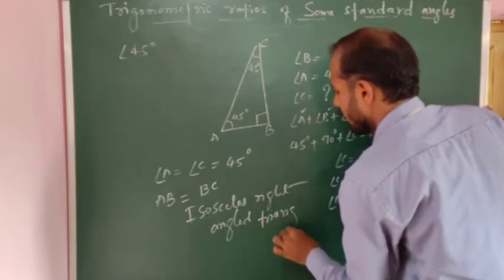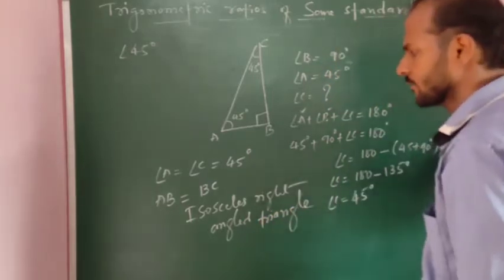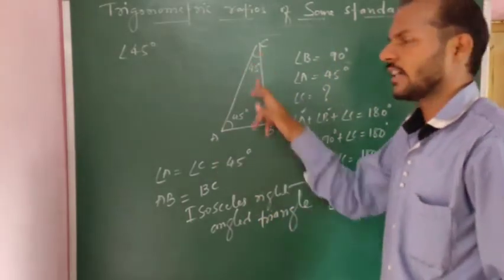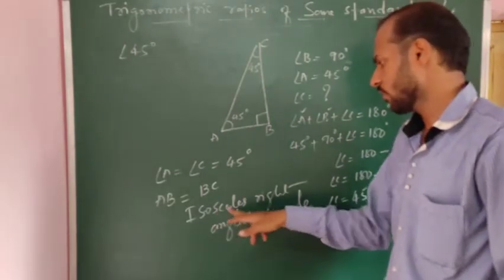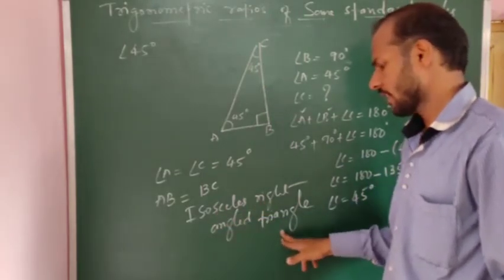When angle A and angle C are equal, then we can say it is an isosceles right angled triangle.